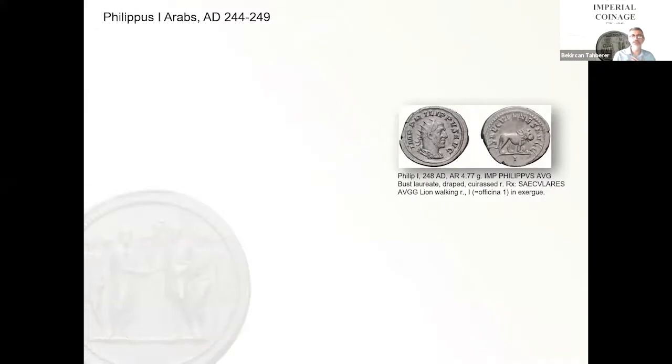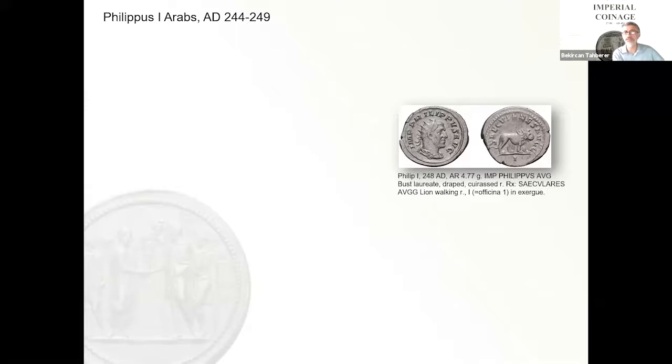Philippus the First, known as the Arab, minted some coins. His time is not one of the most brilliant periods of Roman imperial history, and his coinage is average.